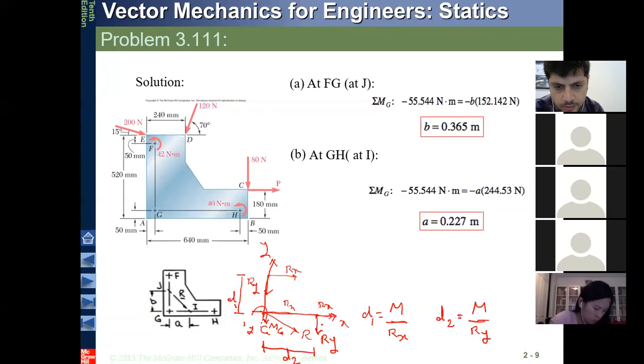So again, this would be clockwise, and you're going to have a minus sign here. So A would be 0.227 meter. Okay, any question? Everything's clear?